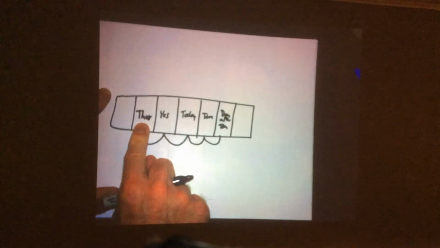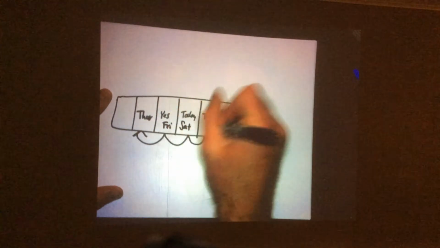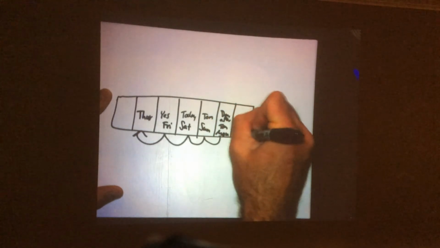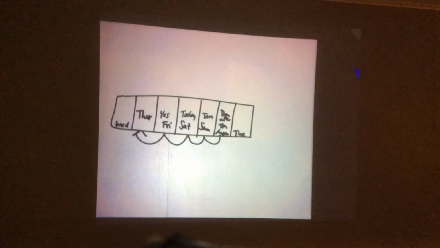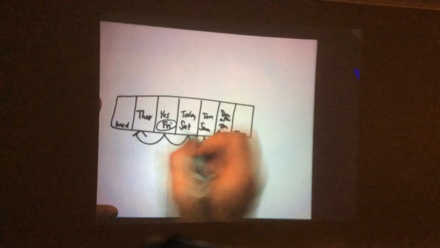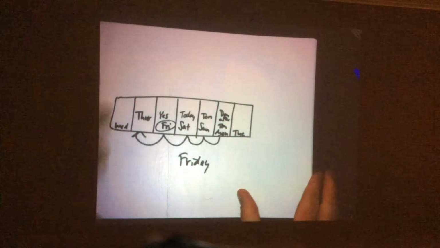So if this is a Thursday, we know this is a Friday, a Saturday, a Sunday, a Monday, a Tuesday, and a Wednesday. So, question is, what day of the week was yesterday? Today was Saturday. Yesterday was Friday. So, okay, strategy makes it simpler.